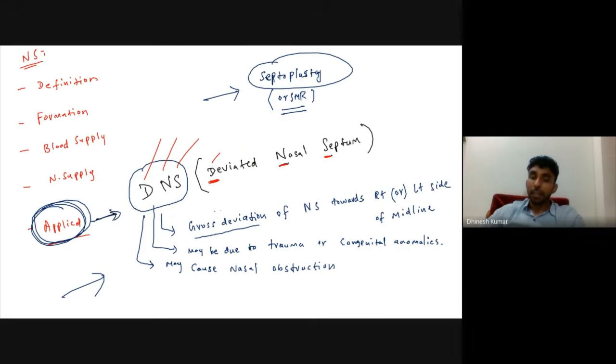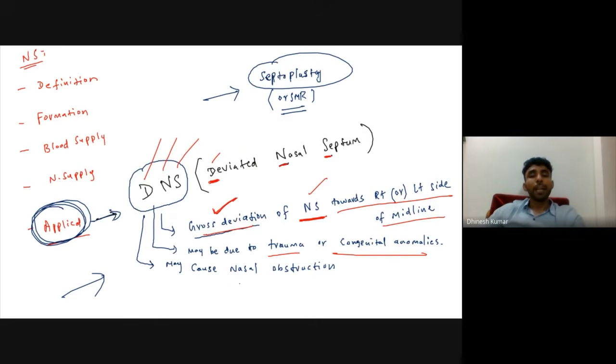But if there is gross deviation of nasal septum towards the right side or left side, that means away from the midline, it is called deviated nasal septum. It may be due to trauma or congenital anomalies.